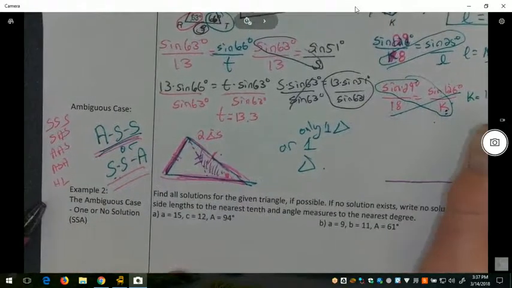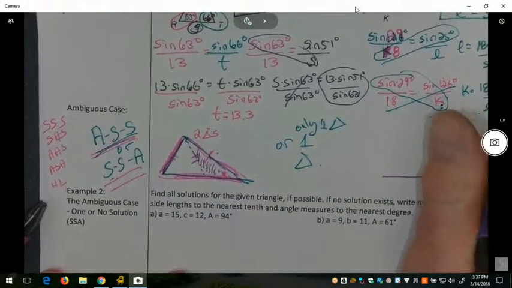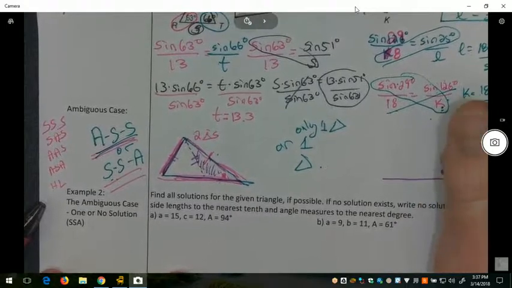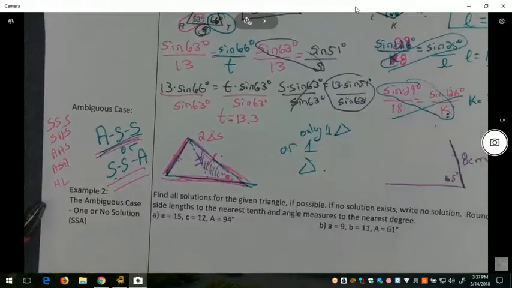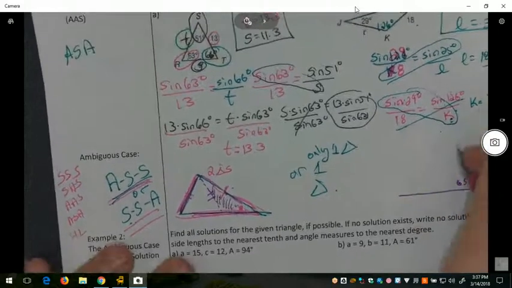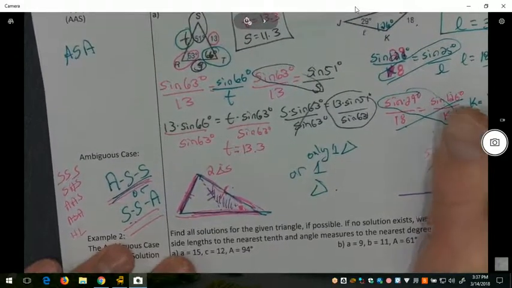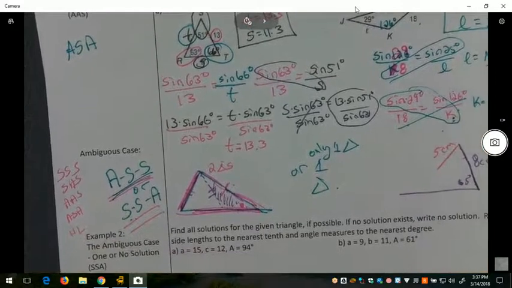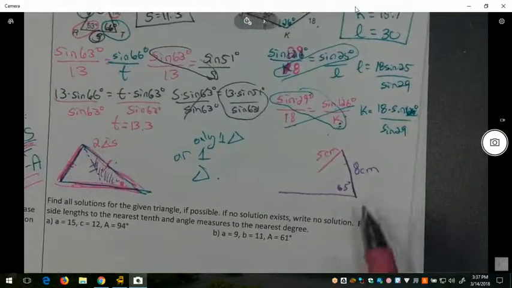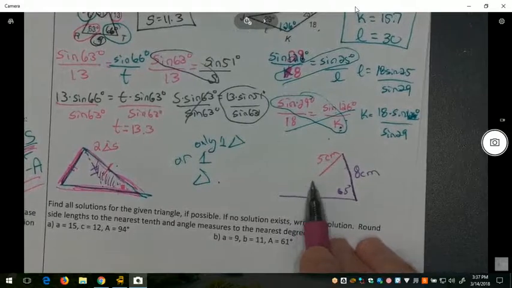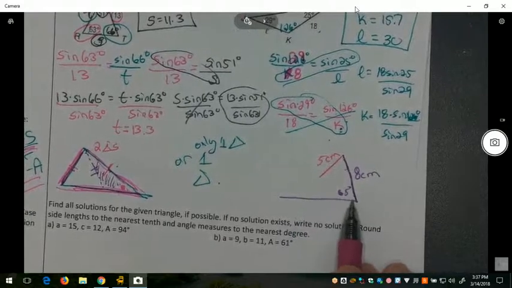There's also one other possibility. We lock this angle, let's say I have this angle at 65 degrees, and this piece right here is 8 centimeters long. And now I have my other side given to me to be 5 centimeters long, or even 7 centimeters long. Well, I can't move this line up because this angle has been locked.